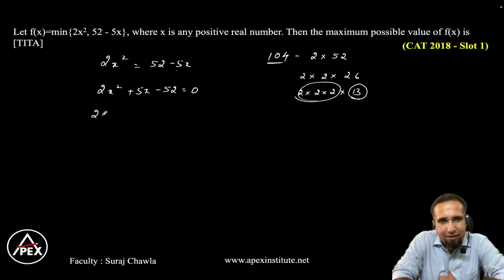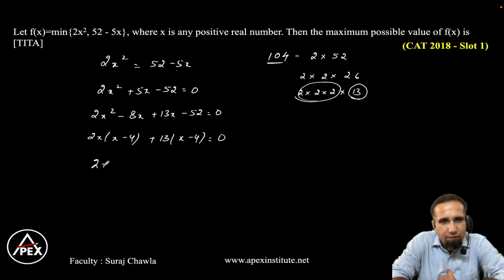Clear? So I can write this as 2x square minus 8x plus 13x minus 52 is equal to 0, or we have 2x common, this becomes x minus 4, plus 13 common, this again becomes x minus 4 is equal to 0. So we have 2x plus 13 or x minus 4 is equal to 0.